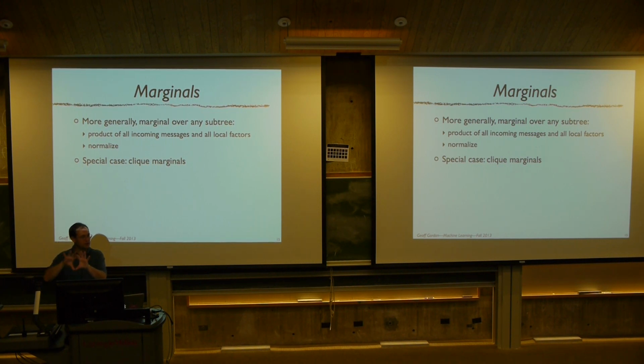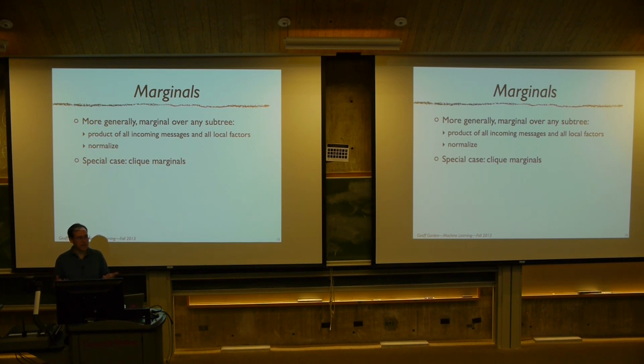There'll be some factors that are local to that subtree, meaning local to one of the nodes in that subtree. And so you just multiply together all of the incoming messages and all of the local factors, and you'll get a big table whose arguments are all of the variables mentioned in that subtree. And then you can normalize that to get a distribution. And that'll be the posterior marginal distribution over that subtree. Okay?